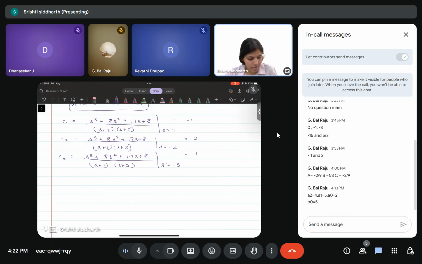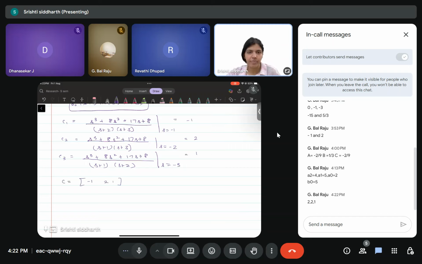So C vector is simply -1, 2, 1. I think we're not getting them in the correct order. So okay, it's 2, 1 and then it's -1. You can just check this.